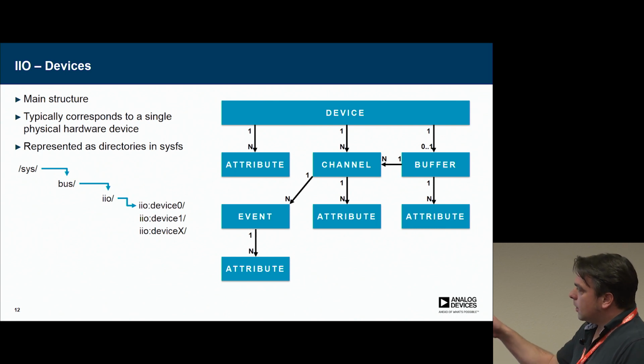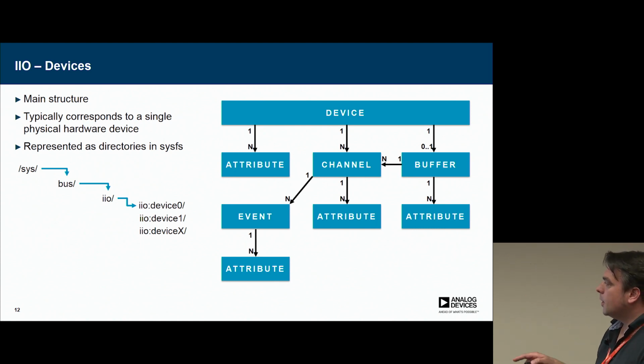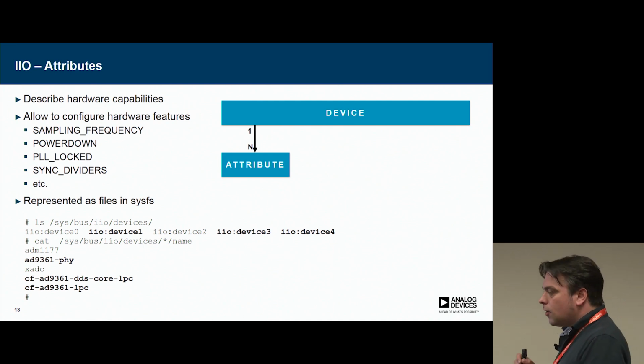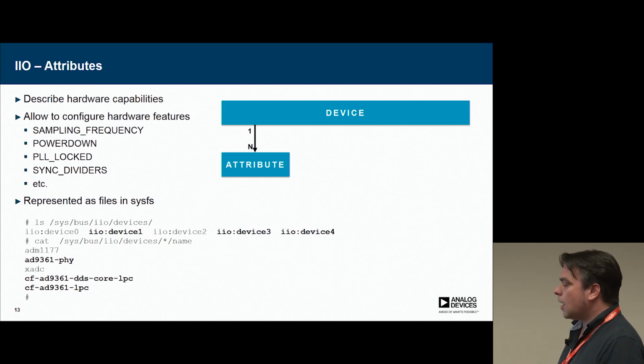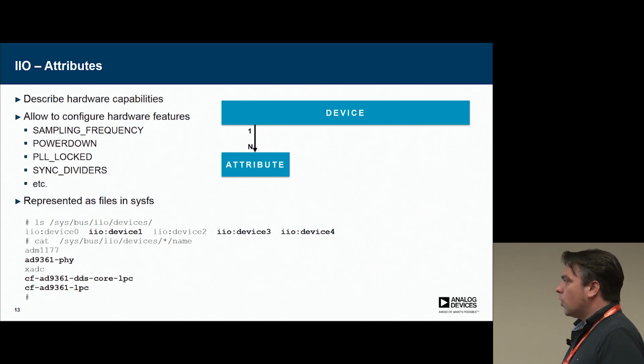All these things are represented in a virtual file system, the sysfs file system, which is under sys/bus/iio. You see the devices. Each IIO device has attributes. Attributes describe hardware capabilities and allow you to configure things like sample rate or gain or power down. And attributes are just files in a virtual file system.